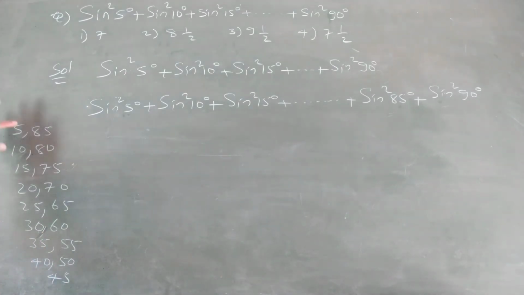That's why each pair represents 1, since it is alpha and beta: if alpha plus beta is 90, then sin square alpha plus sin square beta is 1.